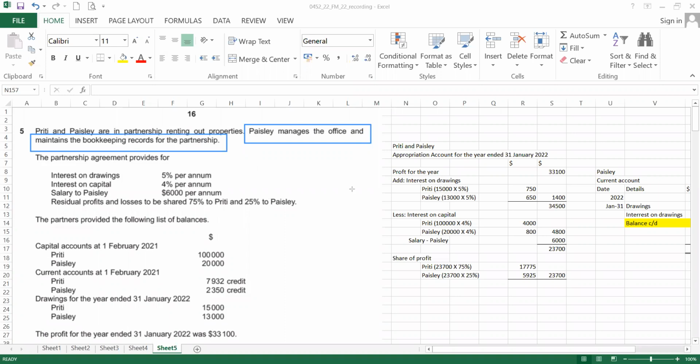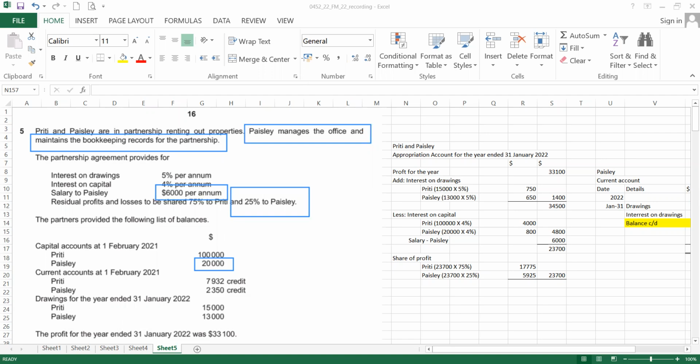He basically runs the operation of the business. He is the one that builds the business, but he only gets 25%. What could be the reason? Because he invests less, he has to get less, but he worked, and he also gets a salary, which Pretty does not have.